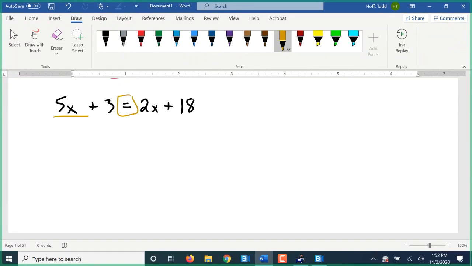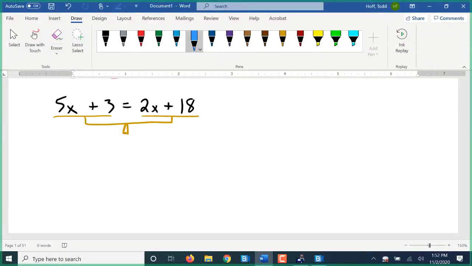We go to identify where the variable is, and we see it appears once on each side. Well, if we're thinking of that balanced scale still, we can no longer just combine the 5x and the 2x because they're not on the same side of the scale. If we tried to combine them, it would change how this balanced. So what we have to do is get rid of one of them.